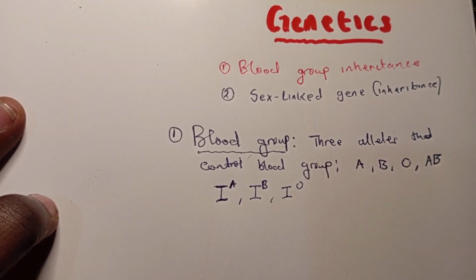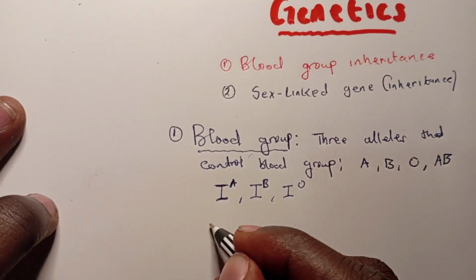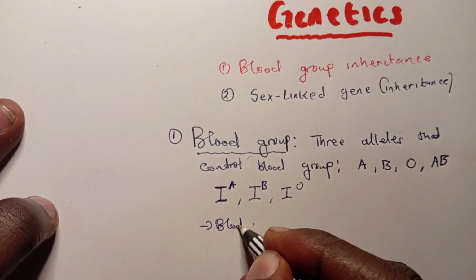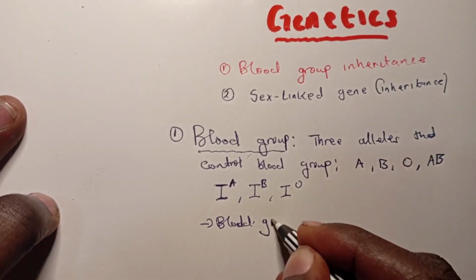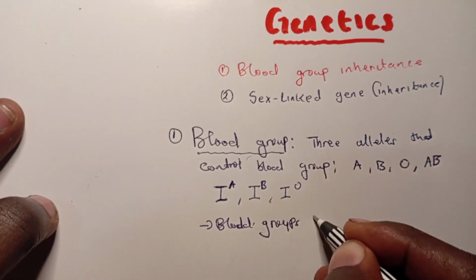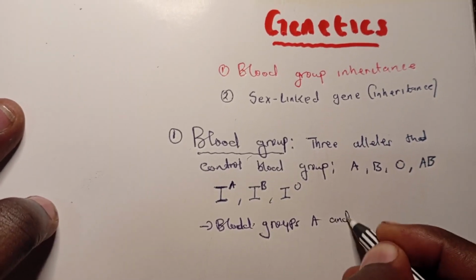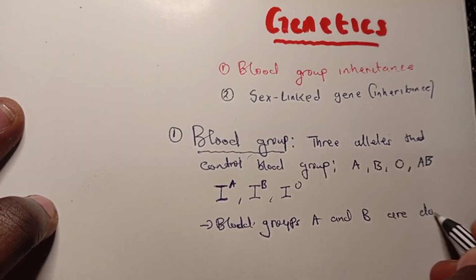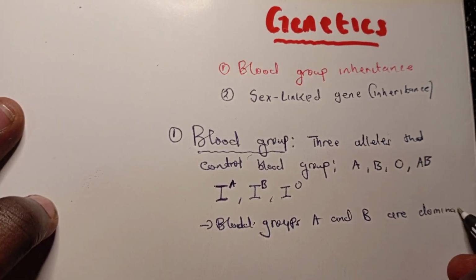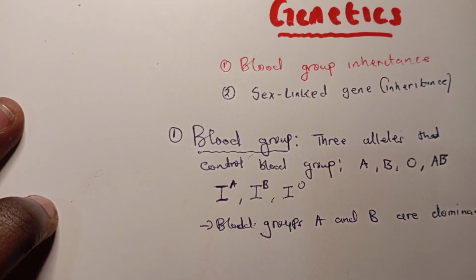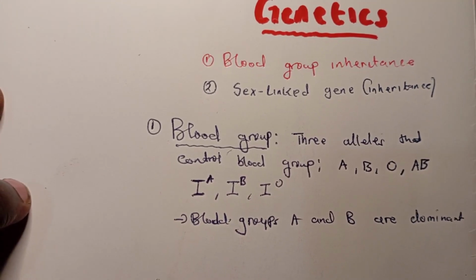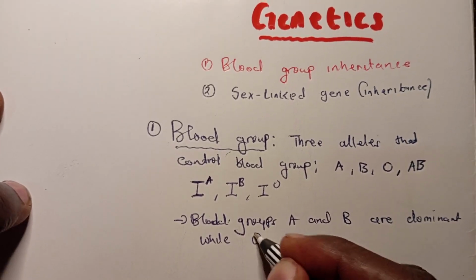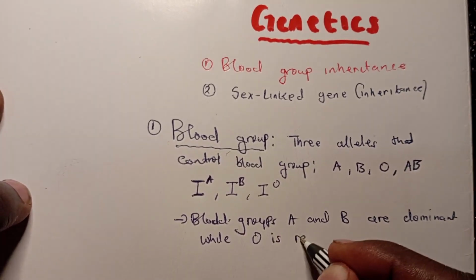Now we can say blood groups A and B are dominant, while O is recessive.